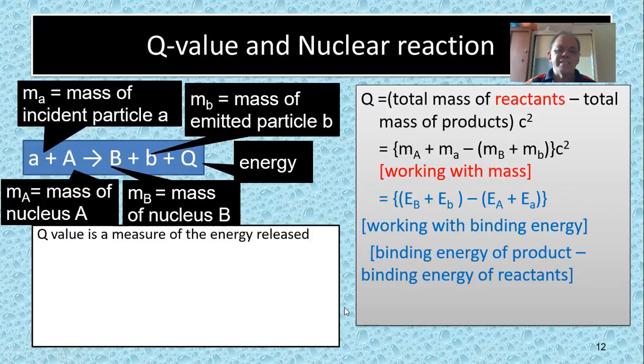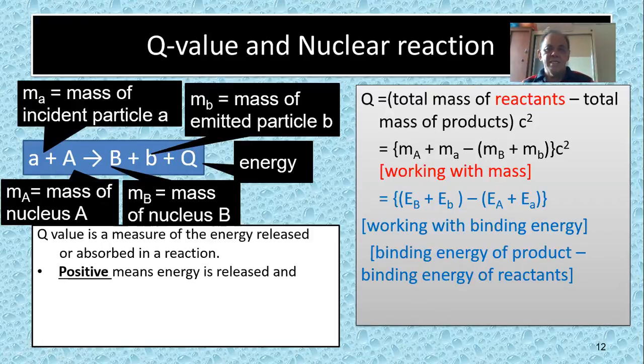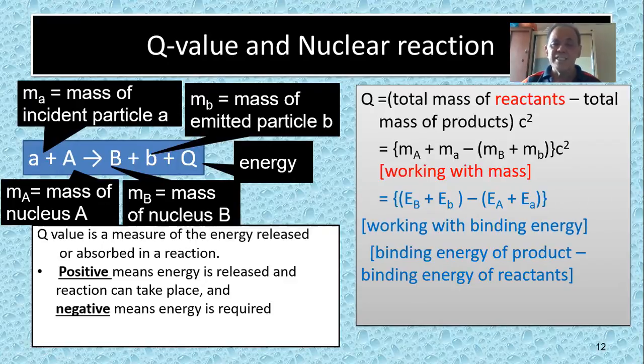Q is a measure of the energy released or absorbed in a nuclear reaction. If it's positive, it means energy is released. That means the reaction can take place. Negative means energy is required.